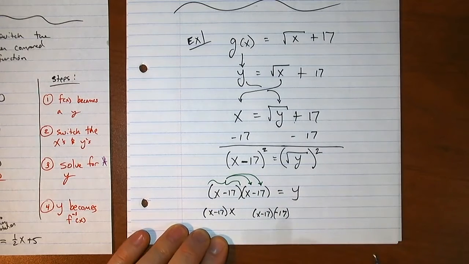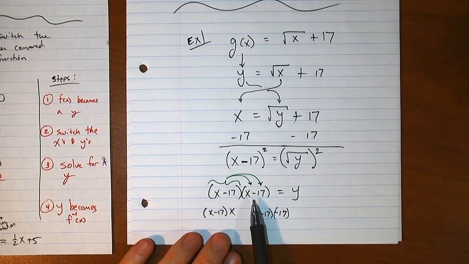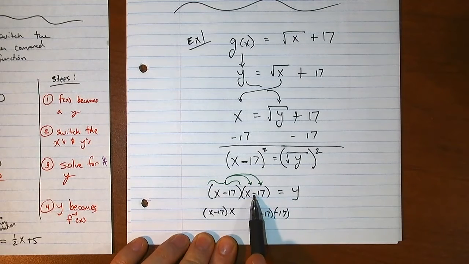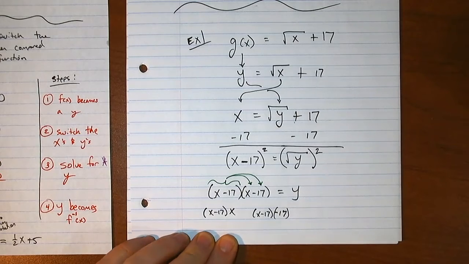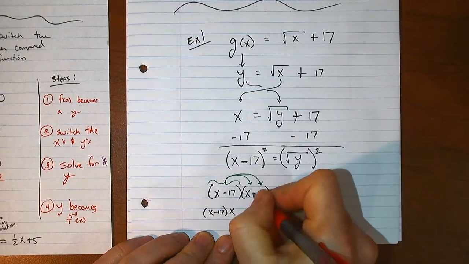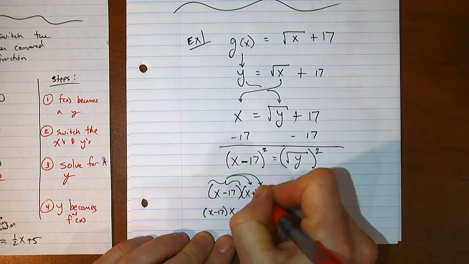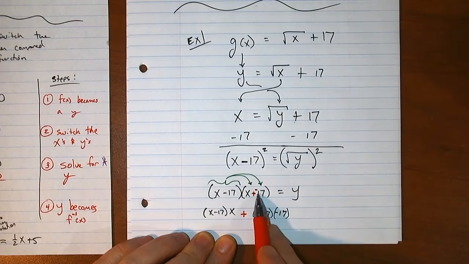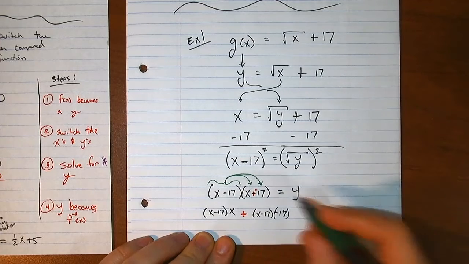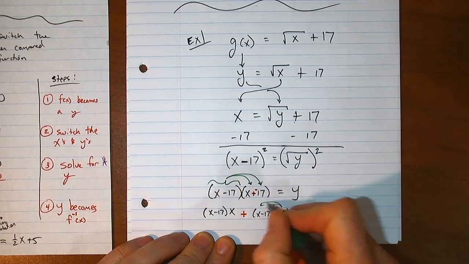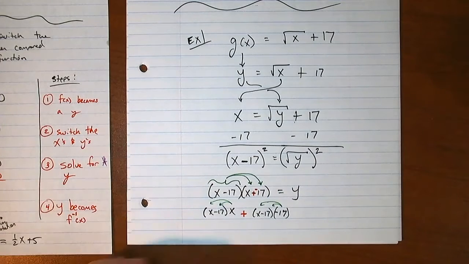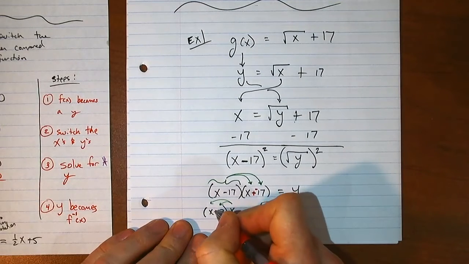Now, one of the things you might remember that I talked about last semester is the reason I can make this a negative 17 is because I treat this not as a minus 17, but as being plus a negative. So that plus sign stays in the middle, and then the negative 17 is what I'm multiplying by. And now I go back and I distribute again. So there's my double distribute.